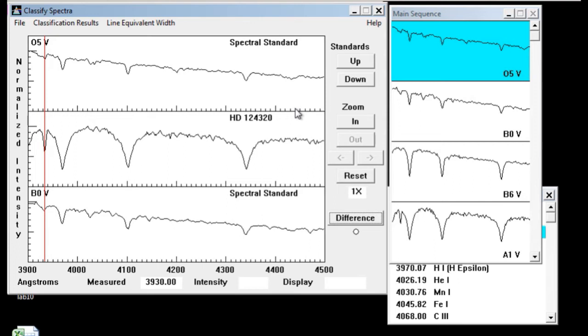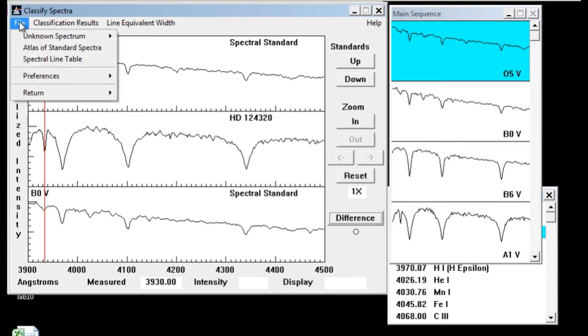I will pick a few different ones. So we've already done HD 124 320. I'm going to do 1, 2, 3, 4, 5, 6, 7 of these. All right, so follow along with me.